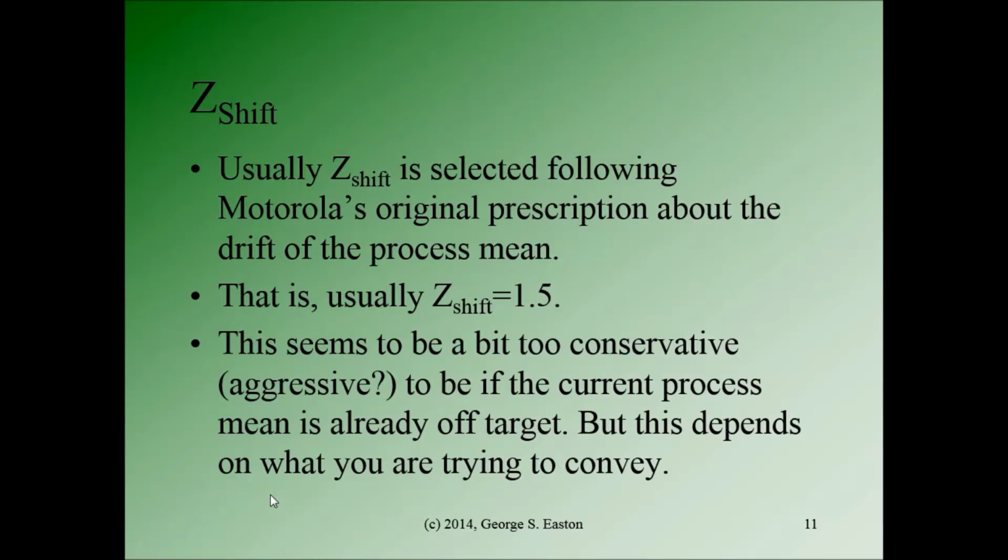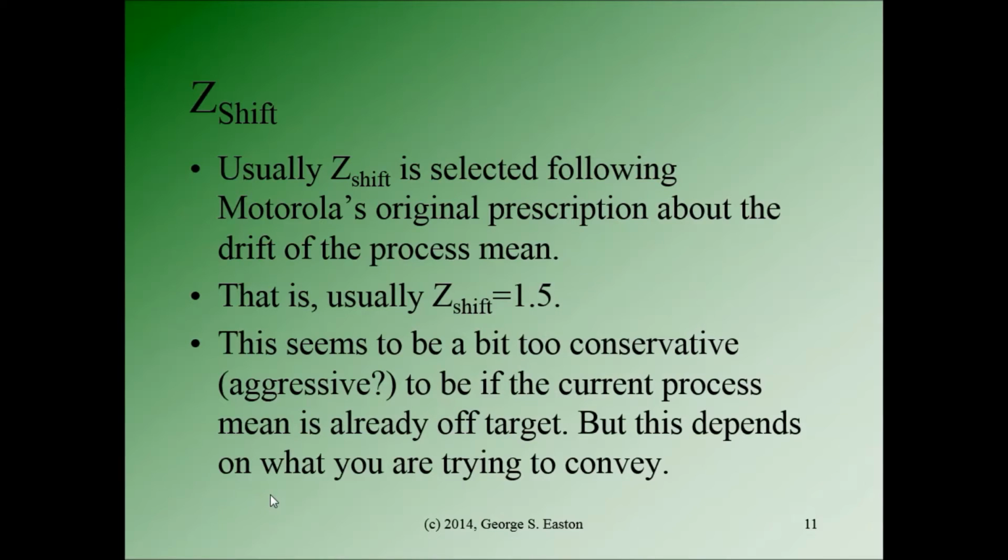Now this may seem a little bit too conservative, at least it does to me, because if your current process mean is already off target, you don't really anticipate that it's going to go further than 1.5 standard deviations away from the process target. And so to allow it to shift another 1.5 standard deviations may actually be too much. But whether or not Z shift should be 1.5 really depends upon what you want to convey.